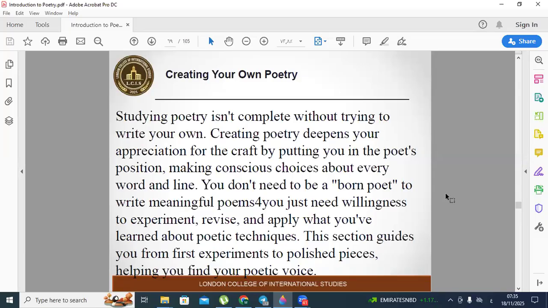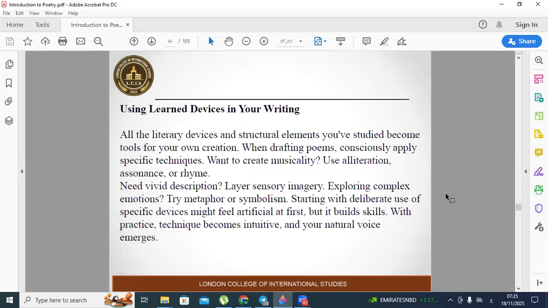Now let's move to using learned devices in your writing. All the literary devices and structural elements you've studied become tools for your own creation. When drafting poems, consciously apply specific techniques.